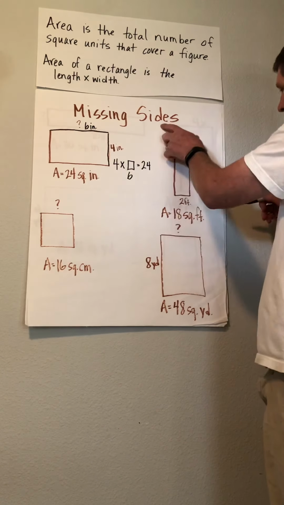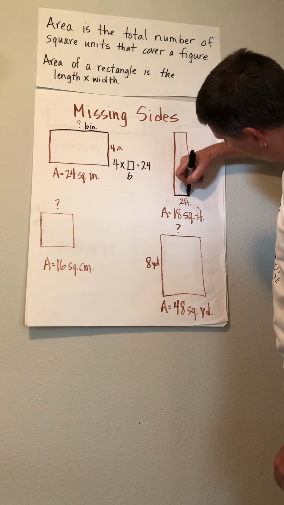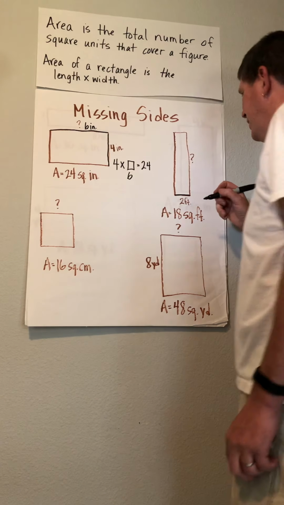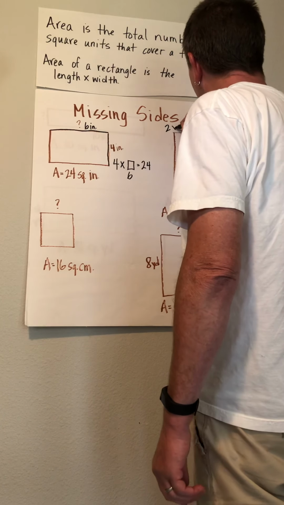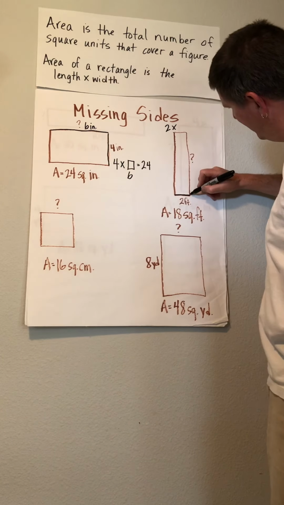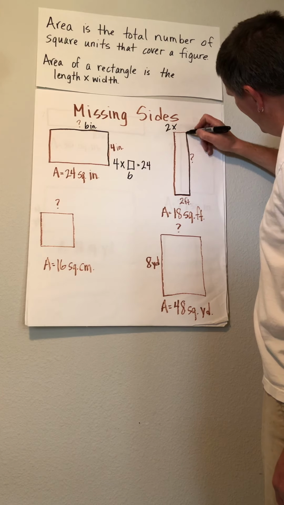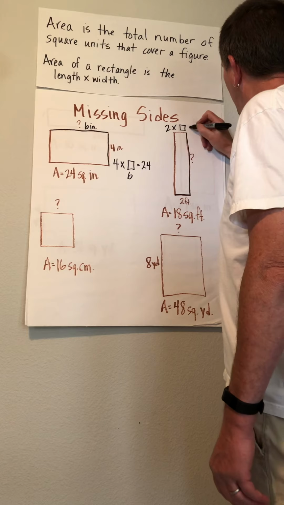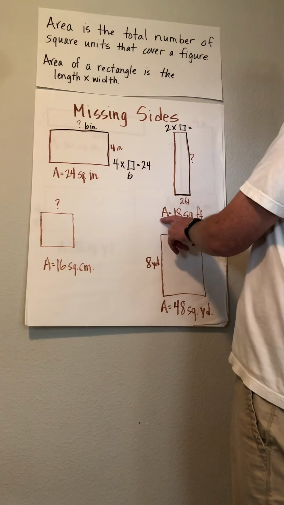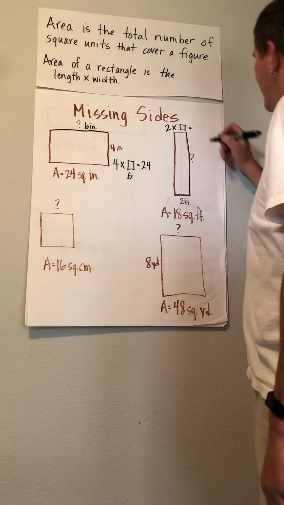All right. The next practice problem. Now for this one, this side is 2 feet. I'll do it right here. So 2 feet times that side, which we don't know, equals 18 square feet.